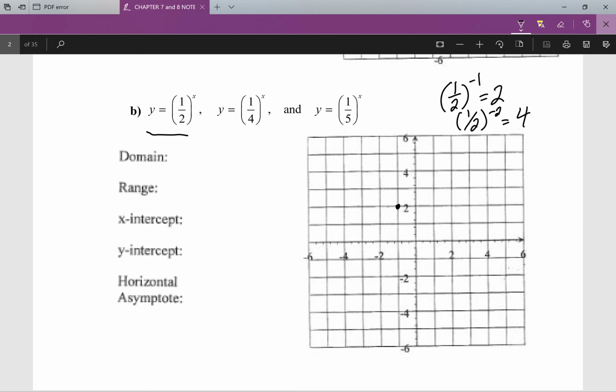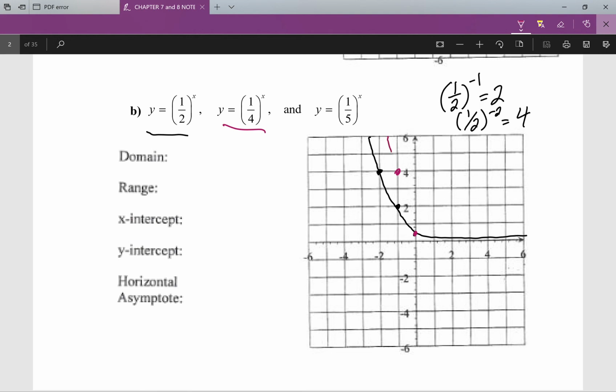And (1/2) to the negative 2 will equal 4. (1/2) to the 0 will be equal to 1. And what I have right here is I'll get a graph that looks somewhat like that. Moving on, (1/4) to the power negative 1 is 4, and (1/4) to the power 0 is 1.